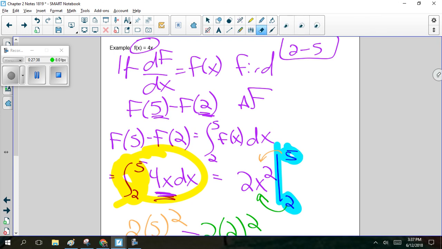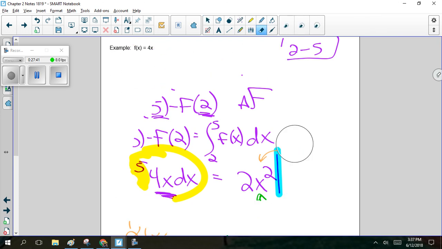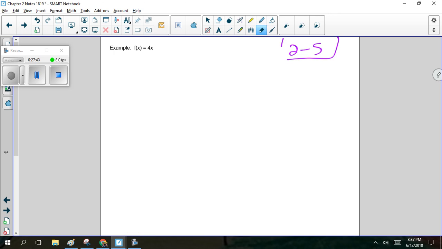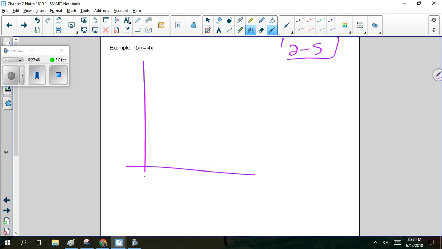Let's graph this and see what this looks like, see if we can figure out what's going on here. So, 0, 1, 2, 3, 4, 5, and then we'll go 4, 8, 12, 16, 20. Okay, that's a straight line.